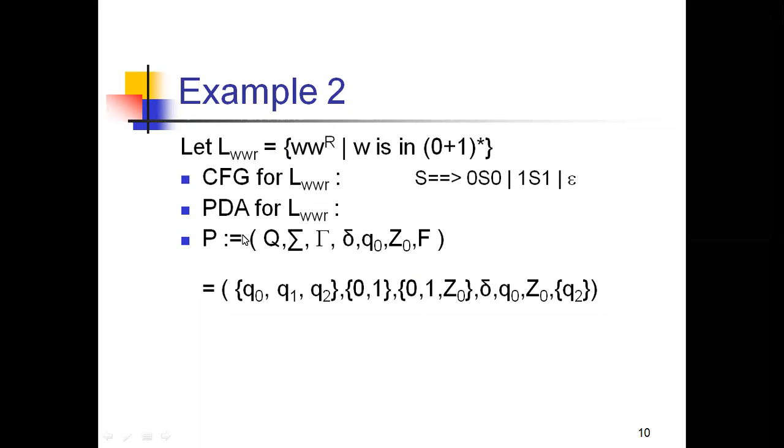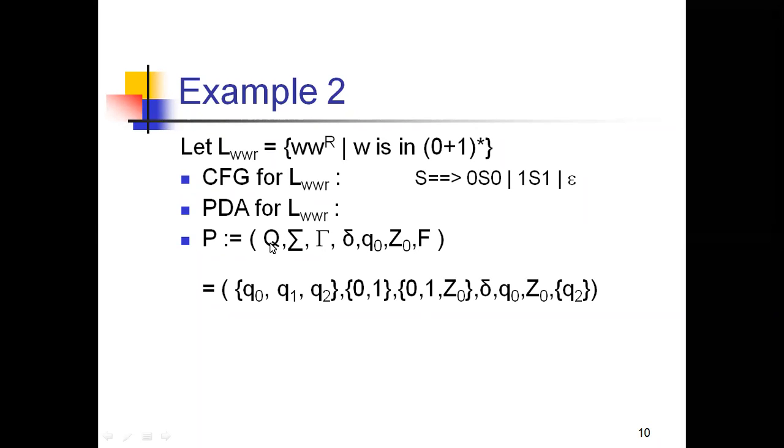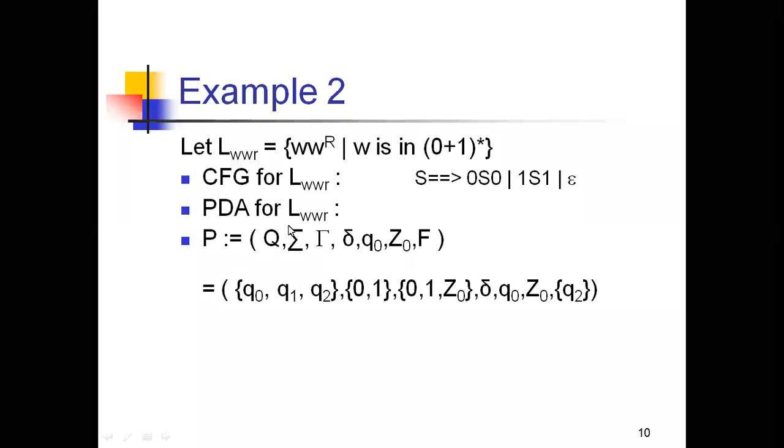Now coming to the PDA, the PDA is defined with 7 tuples. In those 7 tuples, Q is the set of states, sigma is the input alphabet, tau is the stack alphabet, del is the transition mapping function, q naught is the initial state, z naught is the initial stack alphabet, and F is the set of final states.